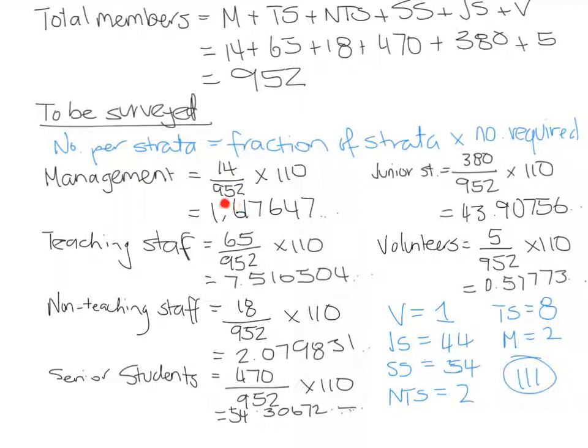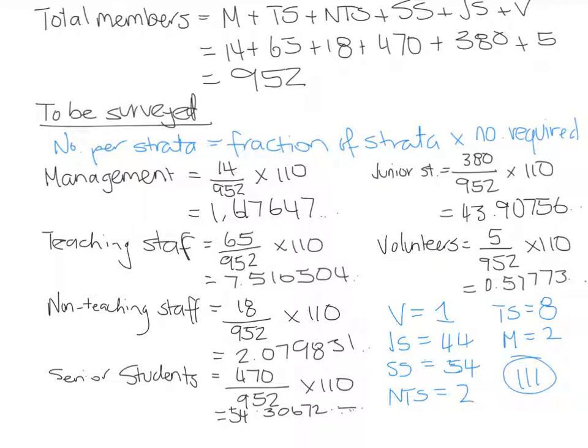Now, if I up this one to 2, 14 and 18, that seems quite reasonable. It's only 4 people less. Keeping it at 2, bringing it down to 1 is the same as volunteers, which is only 5, and the proportion doesn't seem right. So I think teaching staff is where I'll take it from.